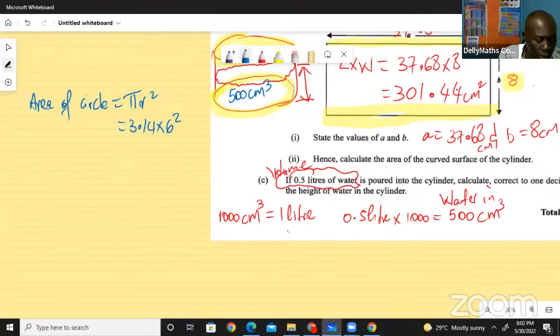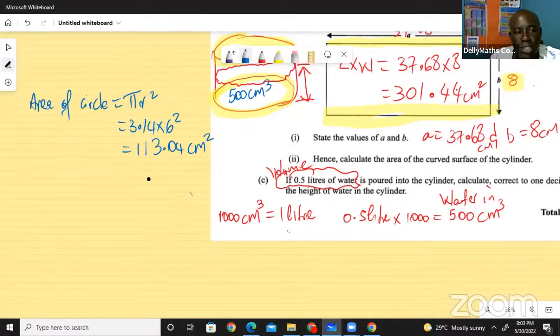Put this on our calculator. 3.14 times 6 square, and we're going to get 113.04. This is the area of the circle.